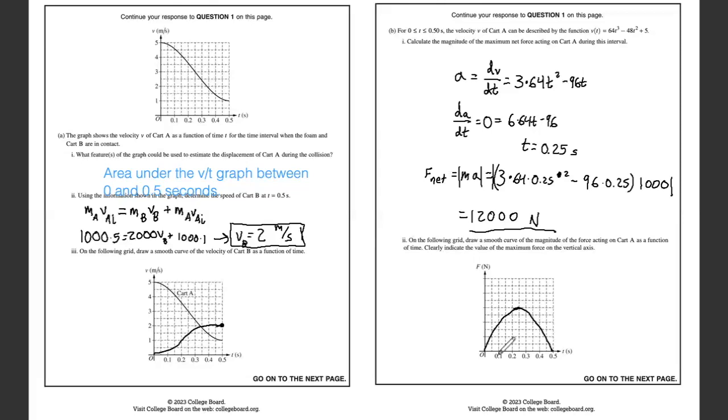Again, upside down because this is magnitude here. The function we got is a positive parabola, but the forces would all be negative. So the reason why it's an upside down parabola like this is simply because we're plotting magnitude now, and that would be 12,000 newtons. Good.